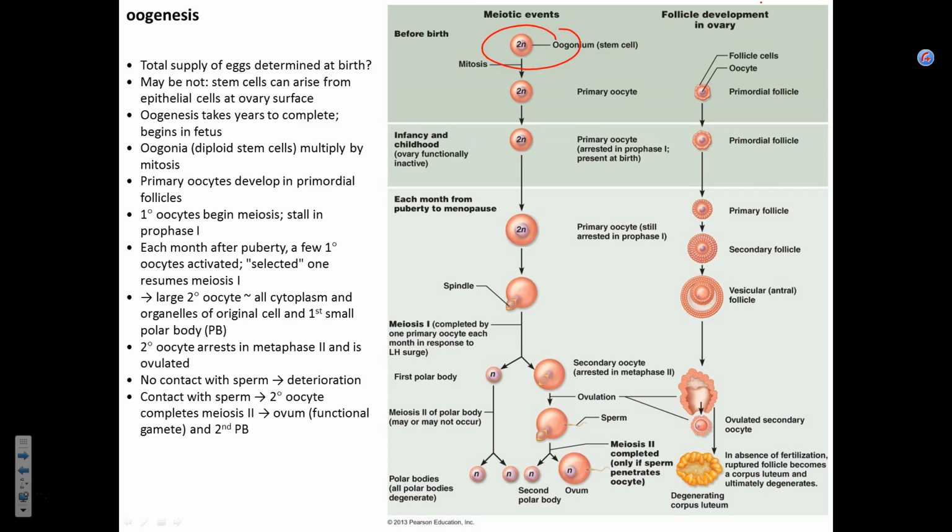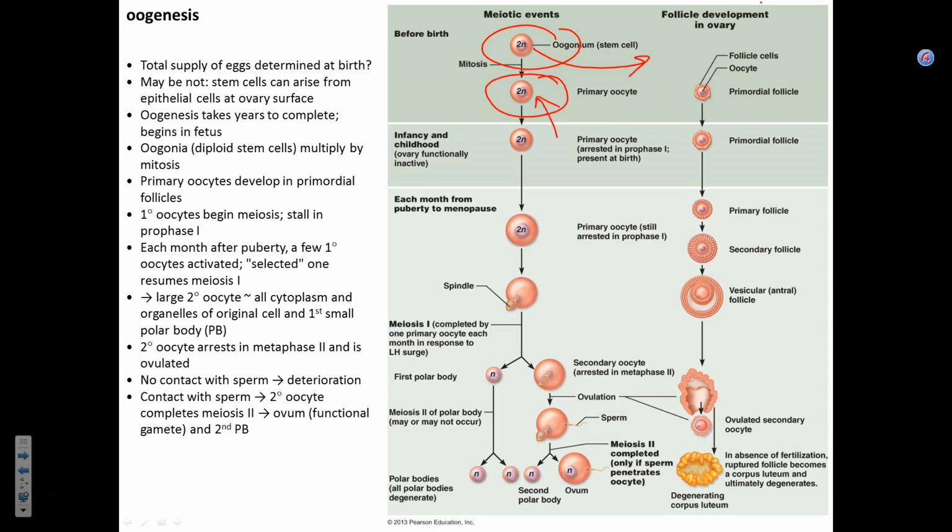So that's basically the same. So oogonium is diploid. And this diploid cell divides, producing another diploid oogonia, and one of those two, after mitosis, turns into the primary oocyte.